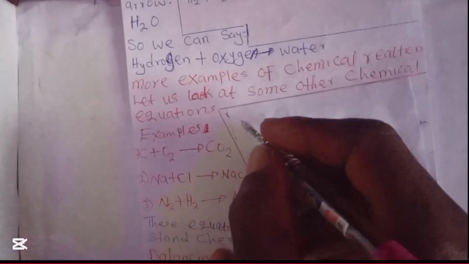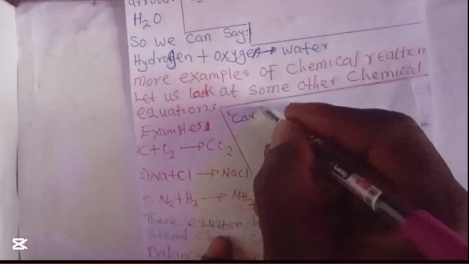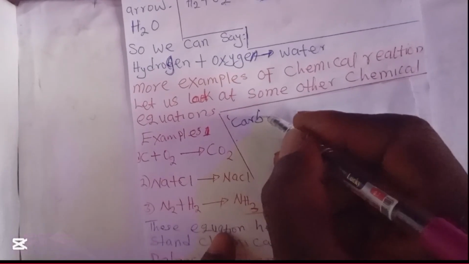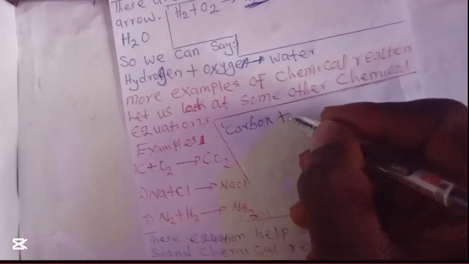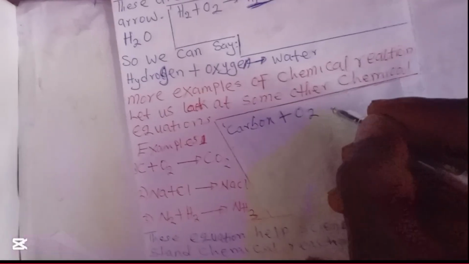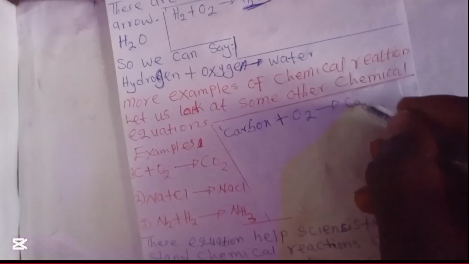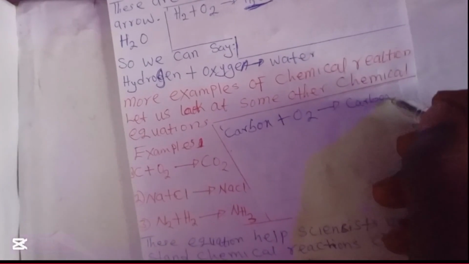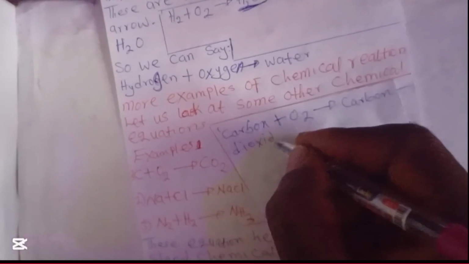So if C, that's carbon, plus oxygen, it gives us carbon dioxide.